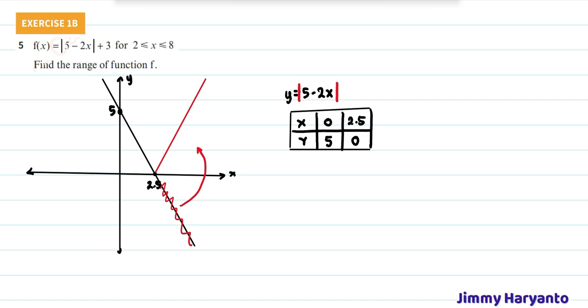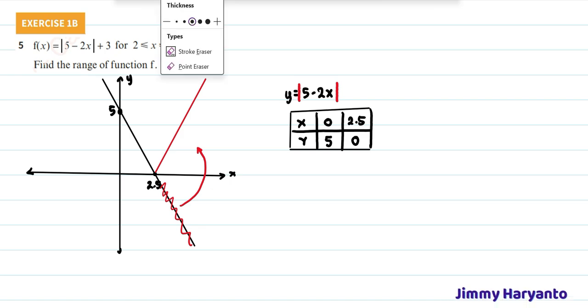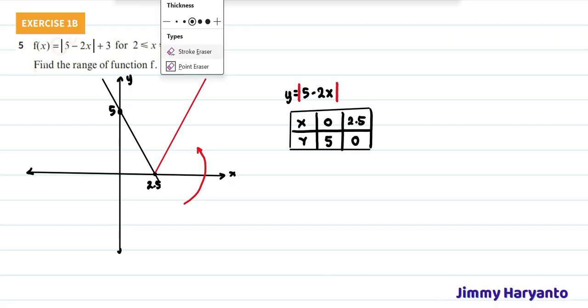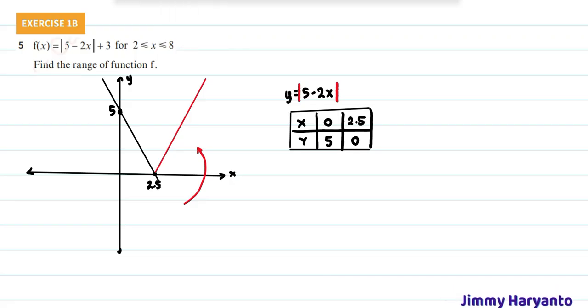Okay, after that you can erase the one below the x-axis like this. Yeah, so you will only have that part of the line. Okay, and then as you can see in this question, the question limits the value of x. That means we have to limit our graph also.